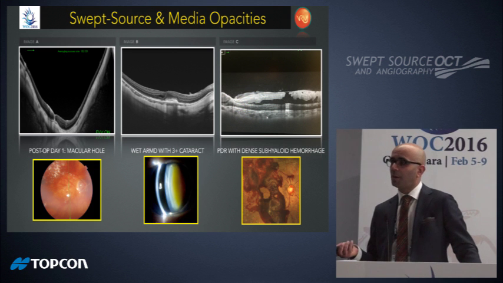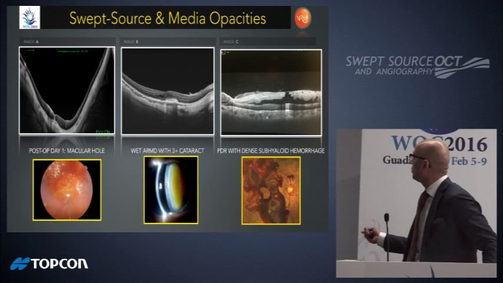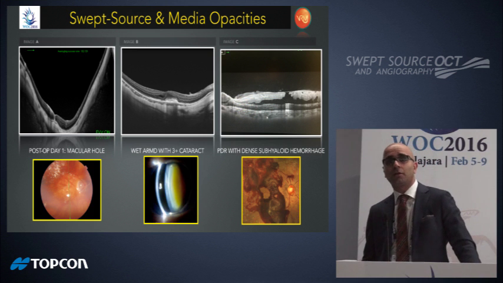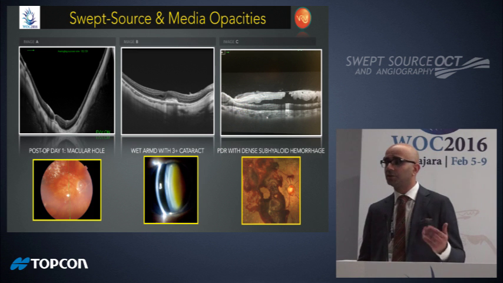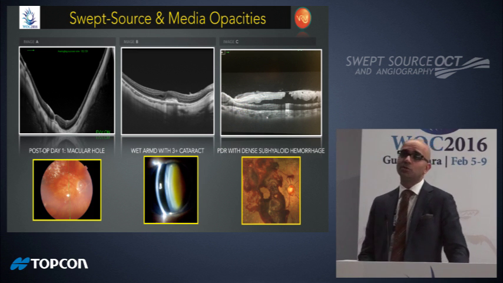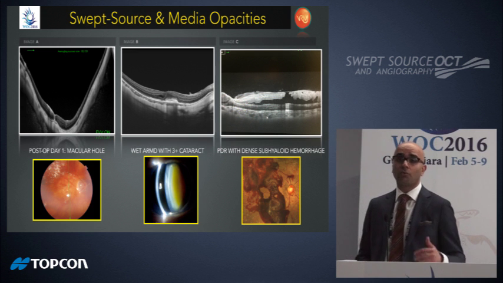And you can see the hyperreflective material underneath the hyaloid, but a very clear view of the retinal architecture with very little backscattering. And those of us that have up to this point been using spectral domain OCT are well aware of the fact that it doesn't penetrate these 3 different modalities very well. And that's the difference between swept source and spectral domain right off the bat.